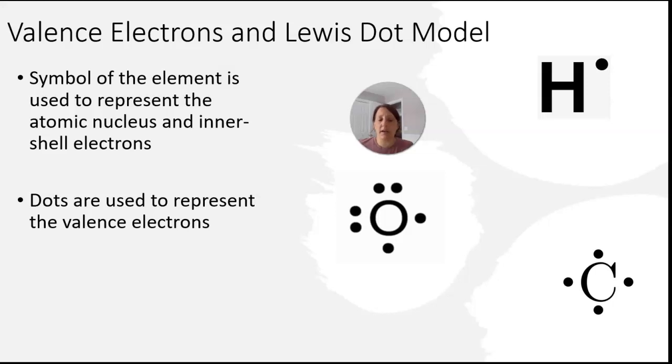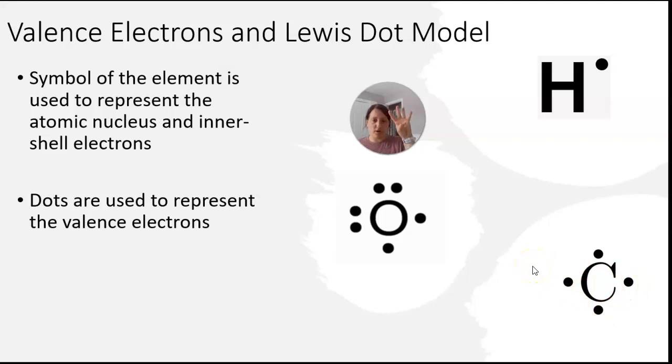So you're not showing any electrons that are more inside; you're only showing the outermost shell of electrons. Hydrogen only has 1 electron, and so there it is. Oxygen has 6, but 2 are in the first shell. The other 4 are in the second, and so I would show them here as 4 dots around carbon.